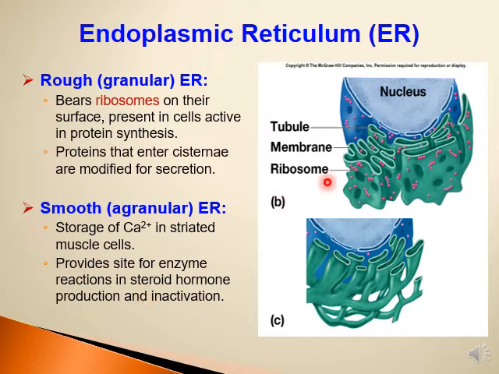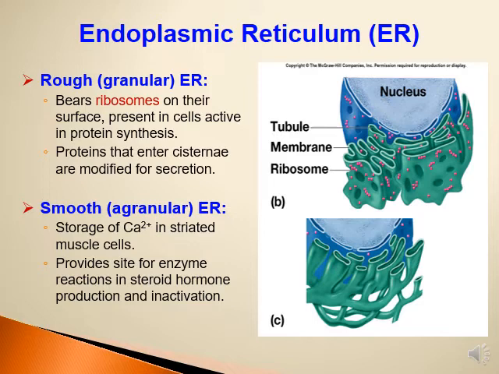The question is, if we know that rough endoplasmic reticulum is the site for protein production and these proteins will be released from the cell, what about proteins that are used inside the cell as enzymes or proteins that have other functions inside the cell? These proteins are not produced by ribosomes on the rough endoplasmic reticulum.